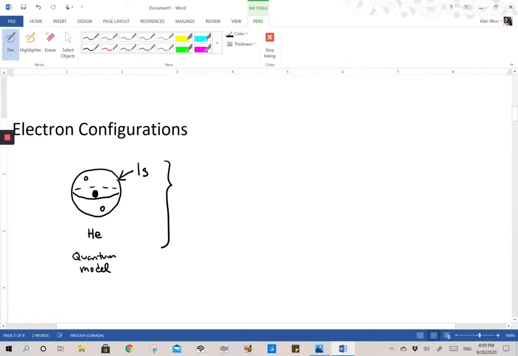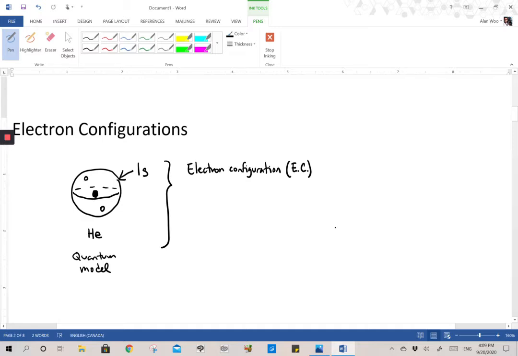Any quantum model can be set up as an electron configuration. I'm just going to abbreviate electron configuration from now on with EC.